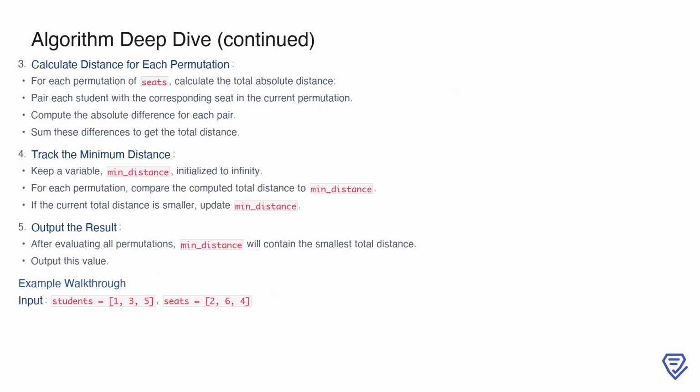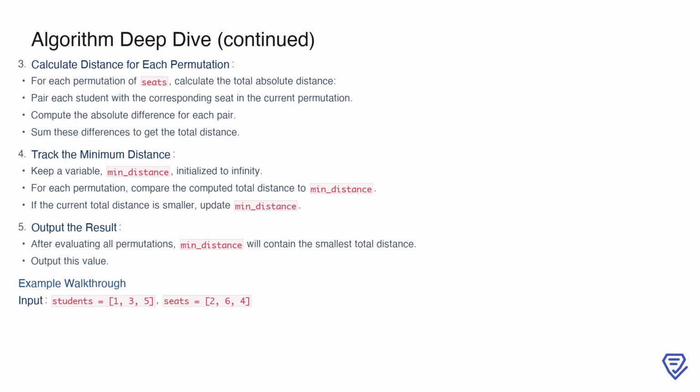Once we have the permutations, the next step is to calculate the total distance for each one. For every permutation of seats, we pair each student with a seat in the current ordering. Then, we calculate the absolute difference between the positions of each student and their assigned seat. These differences are added together to get the total distance for that permutation.